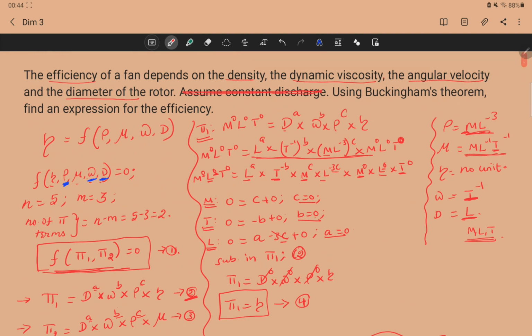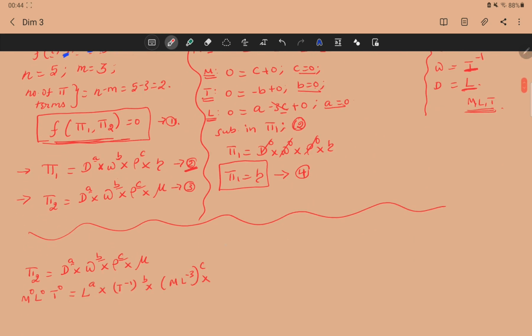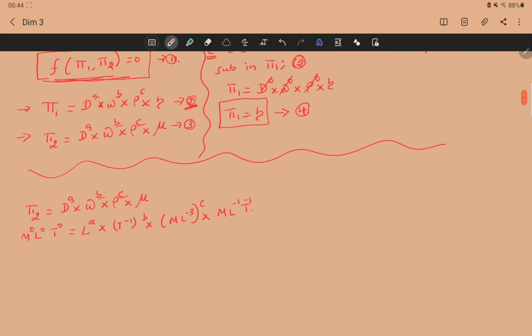Mu is M L power minus 1 T power minus 1. So if I expand on this, M power 0 L power 0 T power 0 equals L power A times T power minus B times M power C times L power minus 3C times M power 1, because that is what it means, times L power minus 1 times T power minus 1.